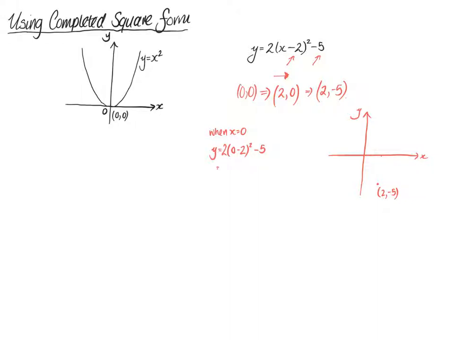So we get 2 times minus 2 squared, minus 5. And we get, so that's 2 times 4, which is 8, take away 5, which is 3. So we know we also have the point 0, 3. So we've got some point kind of up here somewhere.